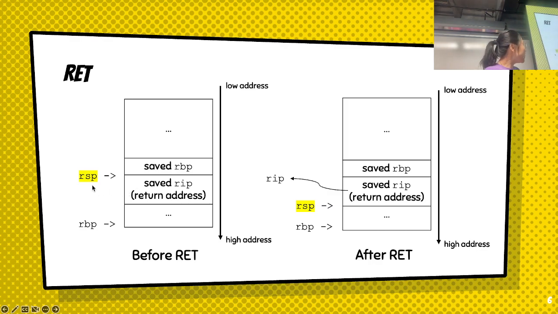So we pop RIP, meaning we shift the bottom of the stack, give this value to RIP, and then jump according to that value. So a single return instruction will just look at the bottom of the stack, check the value there, give that value to RIP, and then jump there.